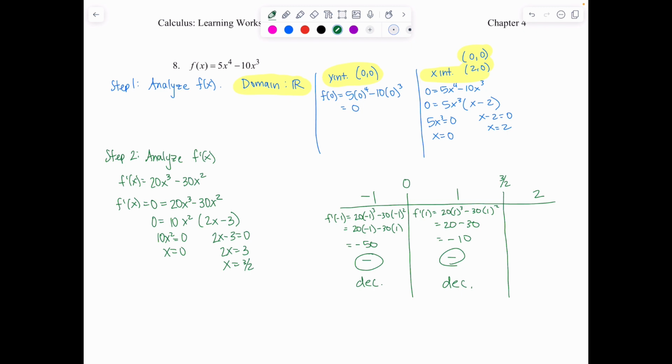And then f prime of 2, 20 times 2 cubed minus 30 times 2 squared. 20 times 8 minus 30 times 4, so 40. Positive, increasing.